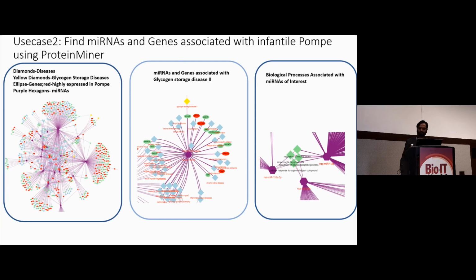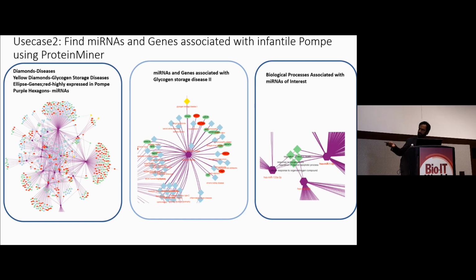So one of the questions that we asked is, given MIR 13P, 133A, and 203B, what common biological processes are associated with these microRNAs of interest? One of the ways you can ask this question is to take all those proteins that are associated with these microRNAs and find the enriched biological processes.